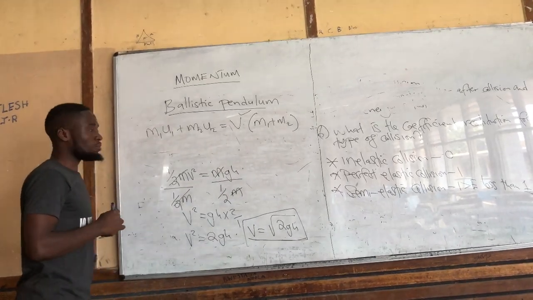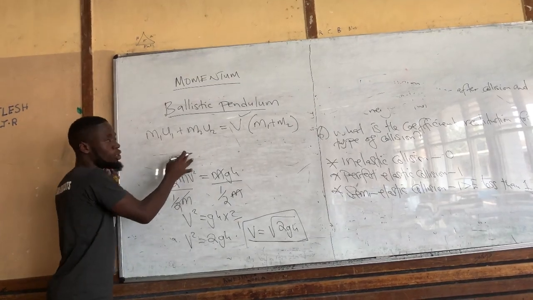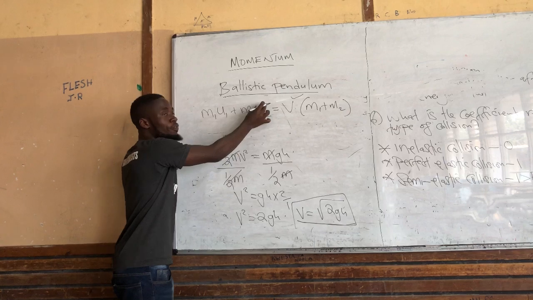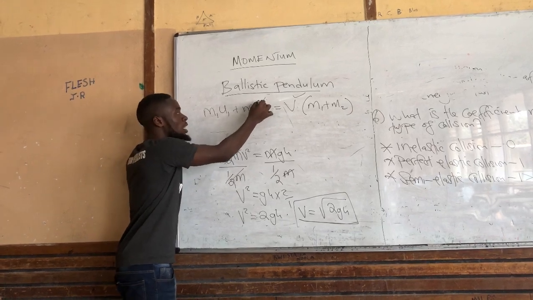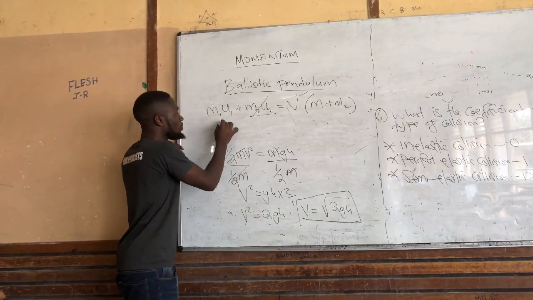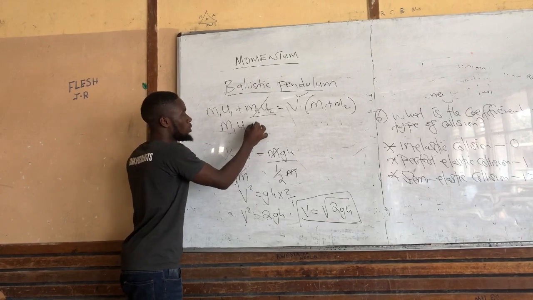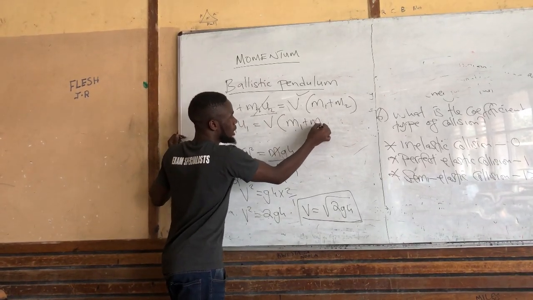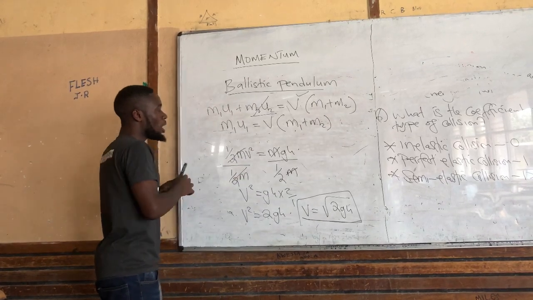But in a question, if you are told that the block was at rest, meaning its initial velocity is 0, this entire term will go, and we will have m1 u1 equals v times (m1 plus m2).